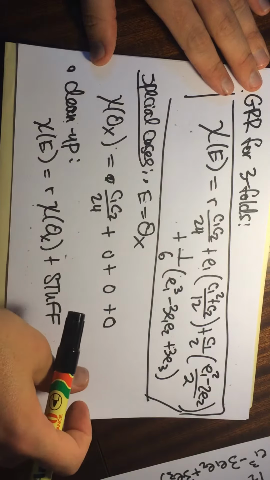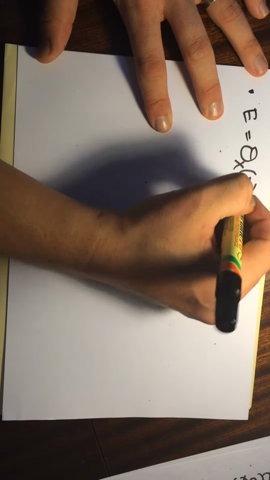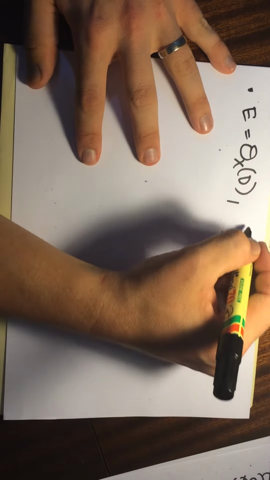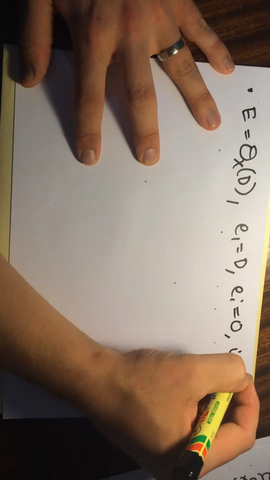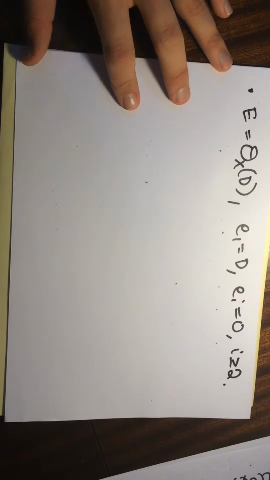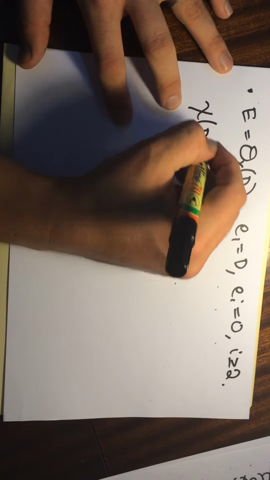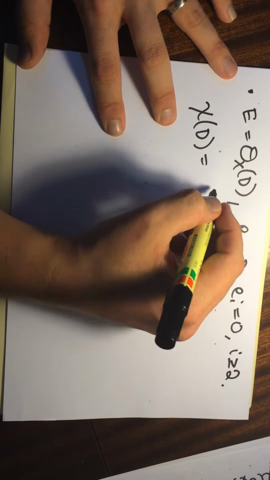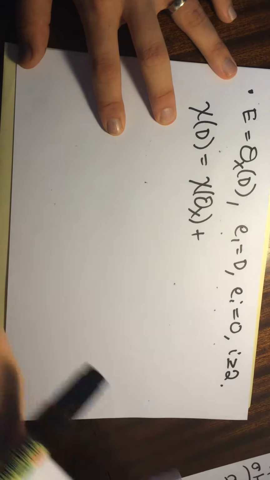So let's actually look at the case of divisors. Suppose E is equal to O_X of D. Then this means that E1 is going to be equal to D, and the Ei's are going to be 0 for i greater than or equal to 2. Okay, and this looks a lot nicer as well. So chi of D will be equal to, the rank is 1, chi of O of X plus, and then we need to look back.